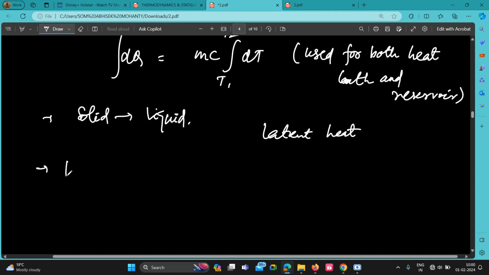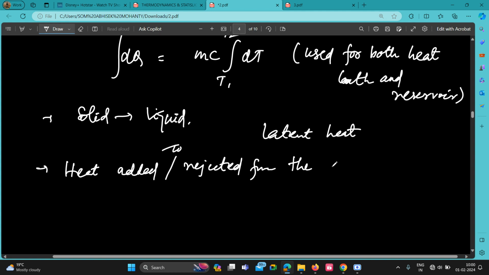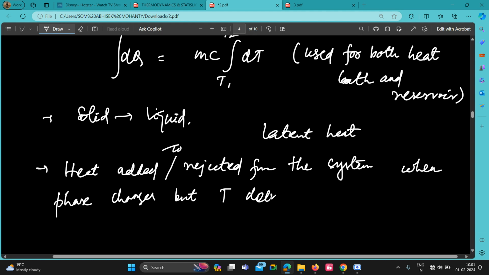So heat added to or rejected from the system when phase changes but T does not change, T remains constant, is what?